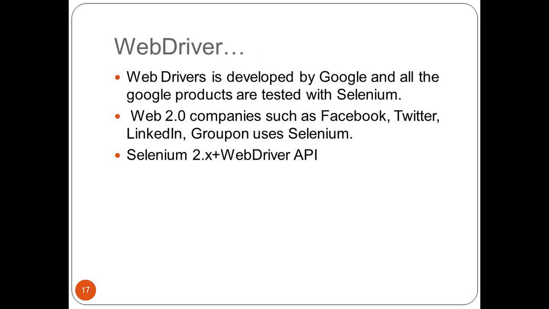After the first and second versions, Selenium now shakes hands with the Google API, which is known as WebDriver. When I say Selenium WebDriver, there are two sets of APIs working together. One is the core Selenium API. API is nothing but application programming interface, a predefined or well-written code available to implement functionality.